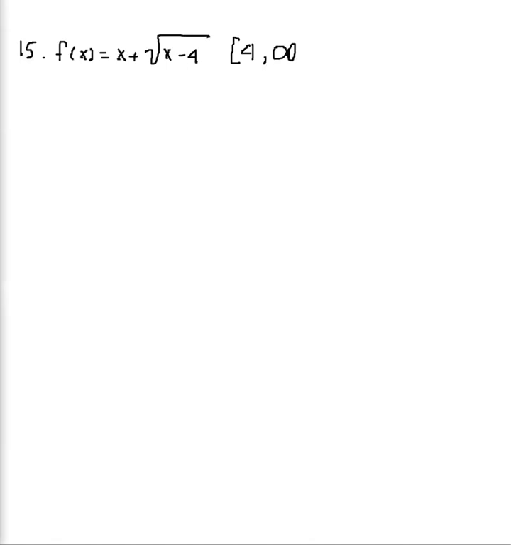Okay. So what are we looking at here? We are trying to use the definition of continuity and limits to show that this function is continuous on this interval. Where am I going to start?